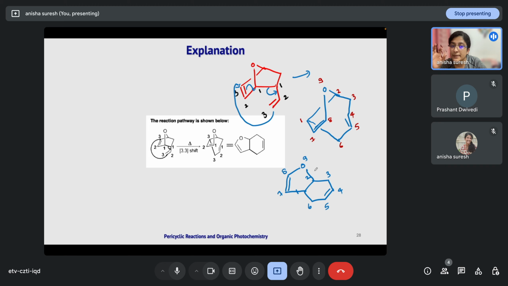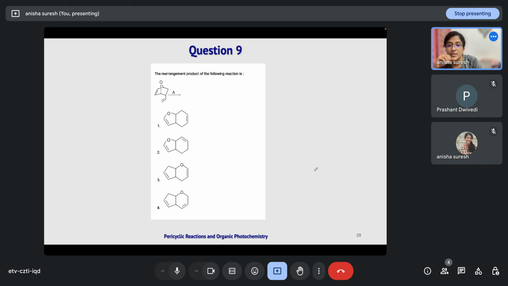Better to number the carbons always so as to avoid confusion. Okay? So the right answer is option 1.